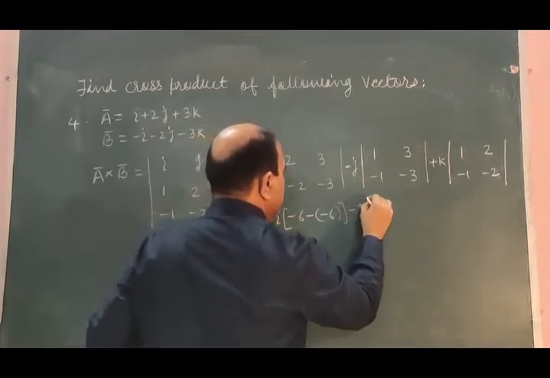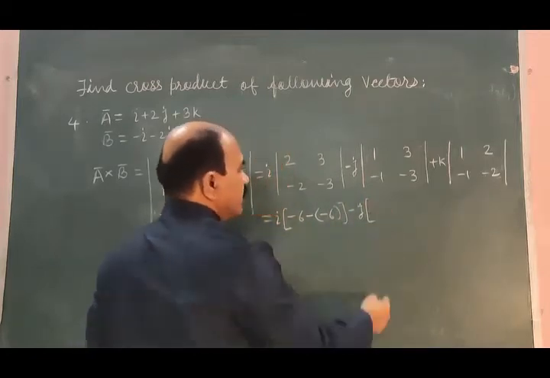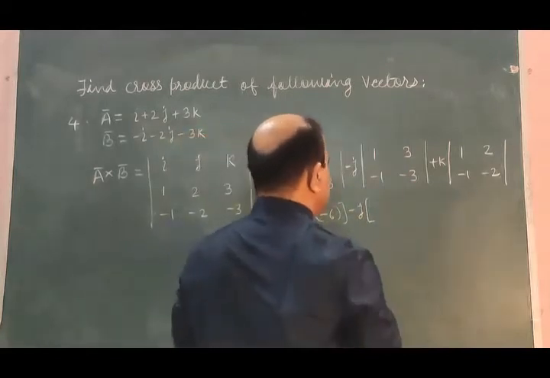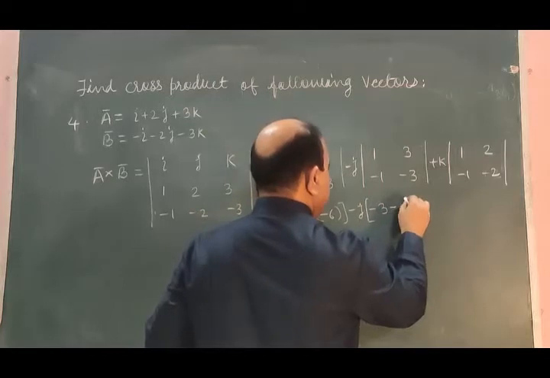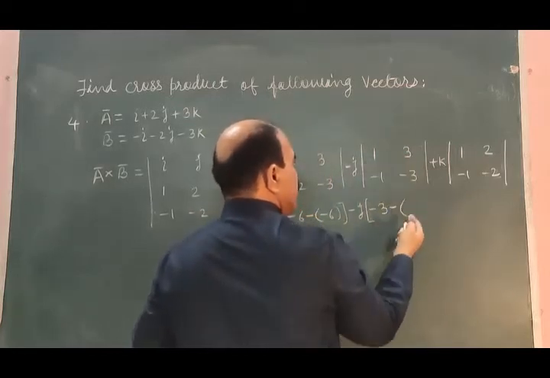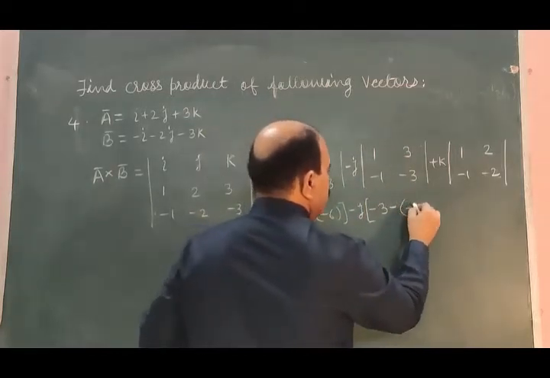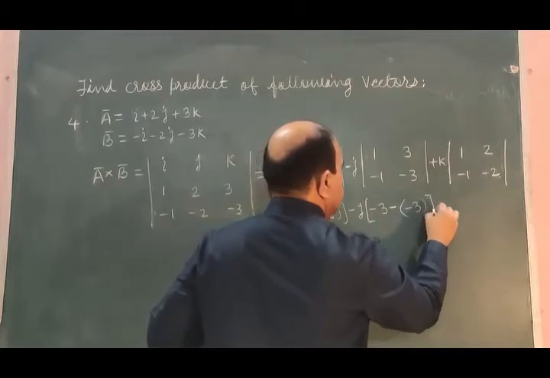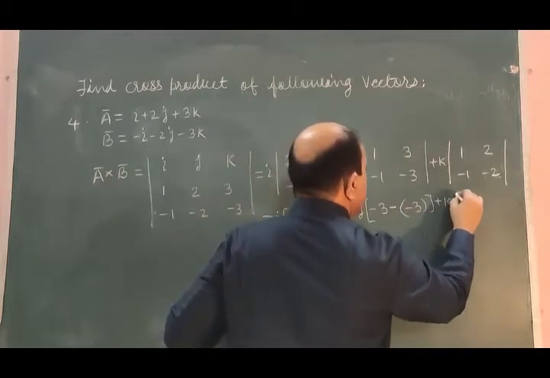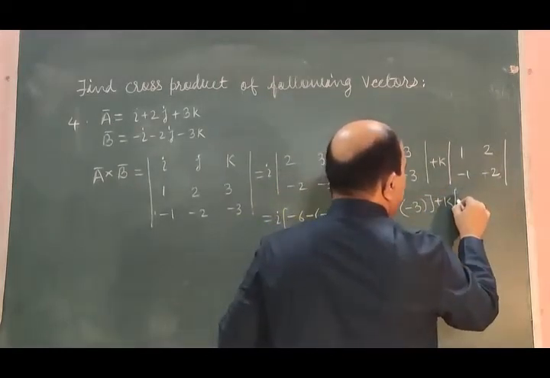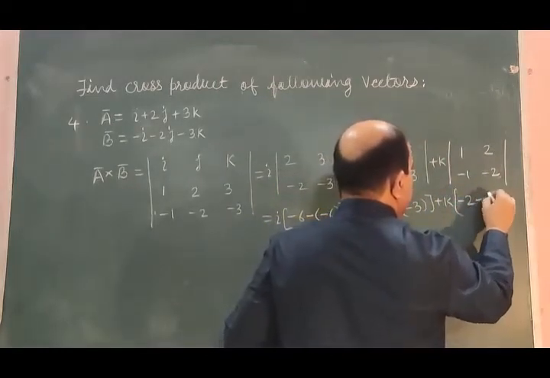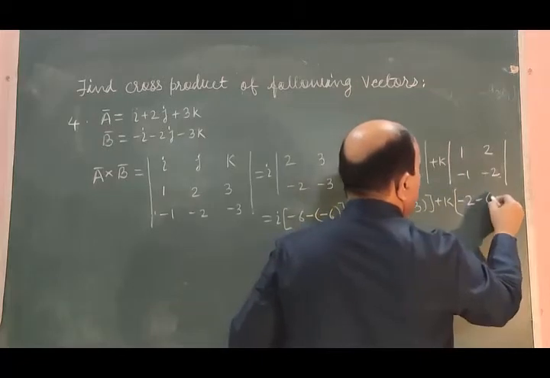Minus j, this product: 1 3s are minus 3, minus 1 3s are 3, so minus 3. Plus k, this product: 1 into minus 2, minus 2, minus 1 into 2, minus 2.